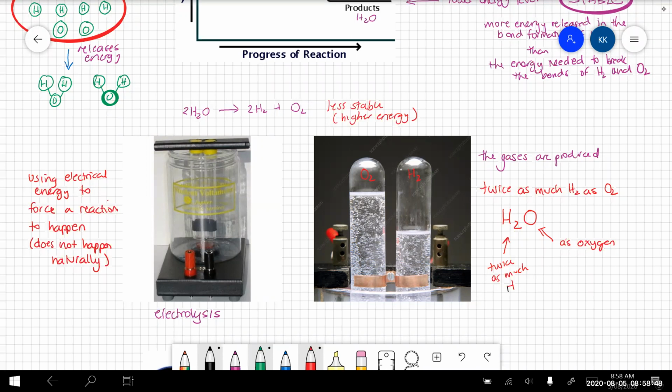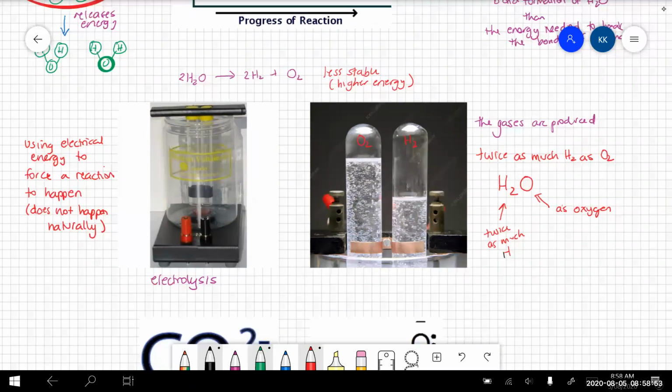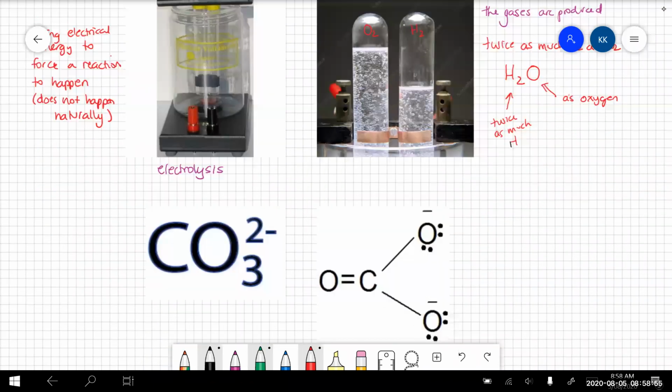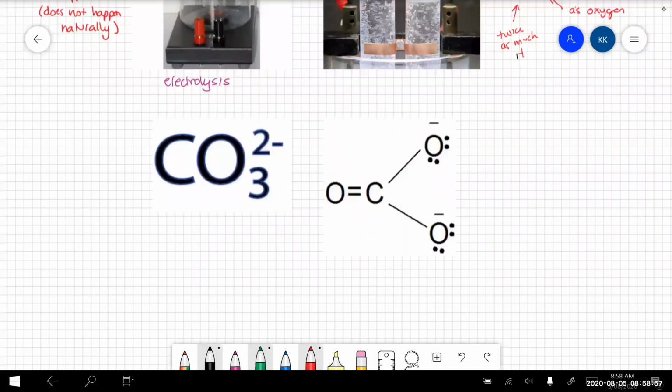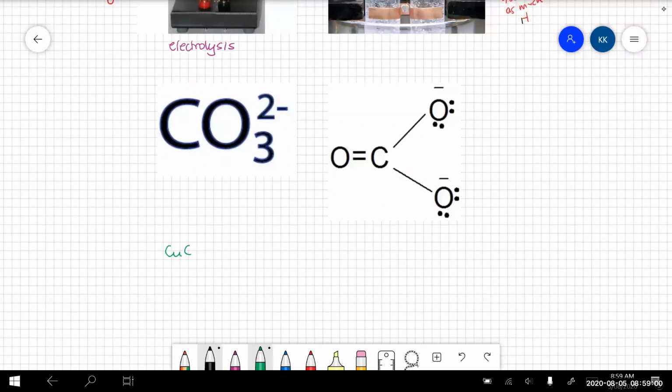The other type of decomposition that we're going to look at is the decomposition of the carbonate ion. This is a thermal decomposition. We can take some copper carbonate, which is a green powder, and if we heat that, it breaks up into copper oxide, which is a black powder, and gives off carbon dioxide gas.